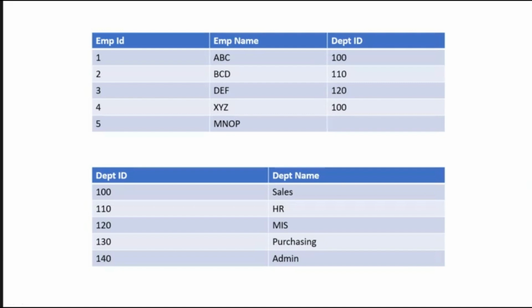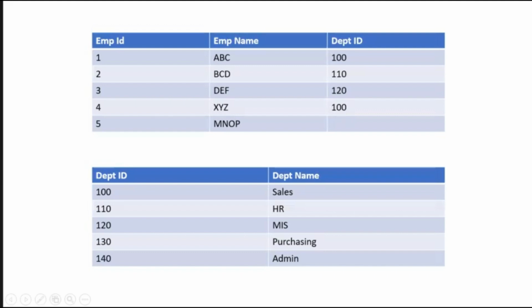Understandable? So when we actually join these two tables, we tell the system, take employee ID from this table and join it with the department ID of this table. So we join the primary key with the foreign key. But the values have to be the same.